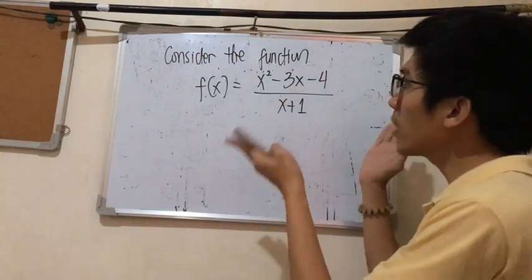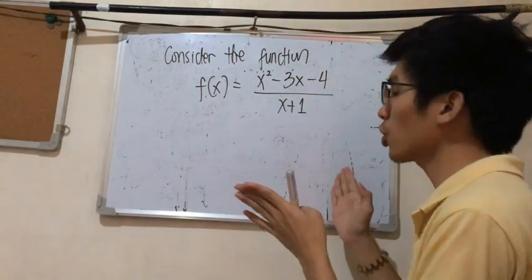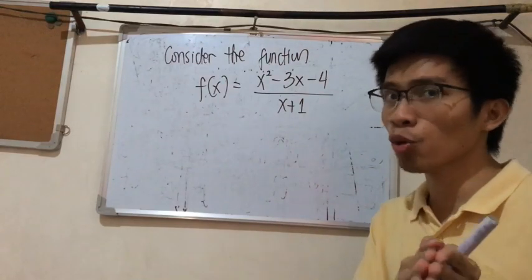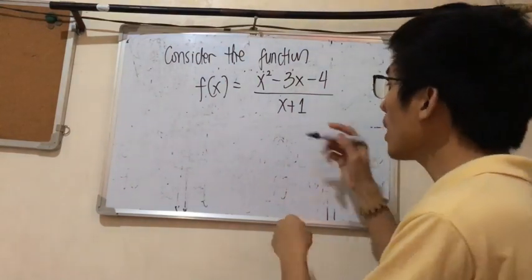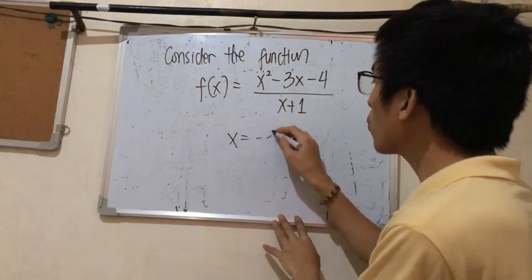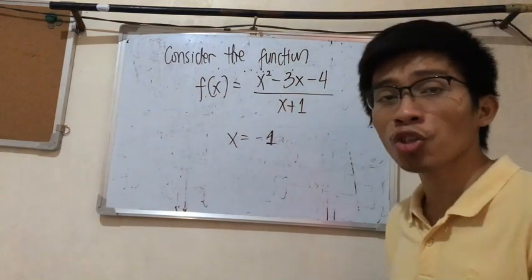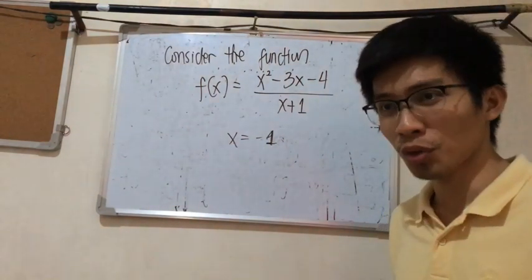In short, this function is not continuous at what point? We believe if x is equal to negative 1, our function is not continuous, right?